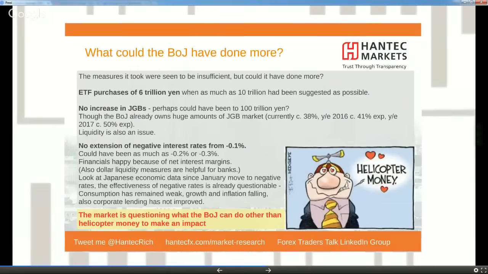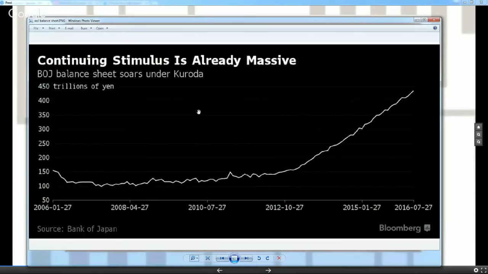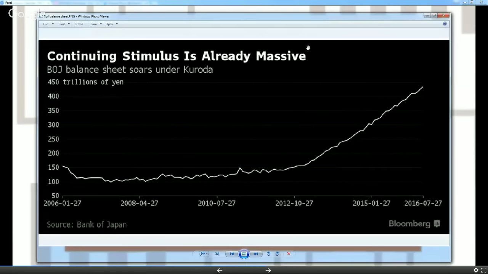Now, I've got a few charts here on the balance sheet of the BOJ. This is the balance sheet of the BOJ up until the end of July, coming up to 450 trillion yen. Now, 450 trillion yen is there or thereabouts, sorry, $4.5 trillion.